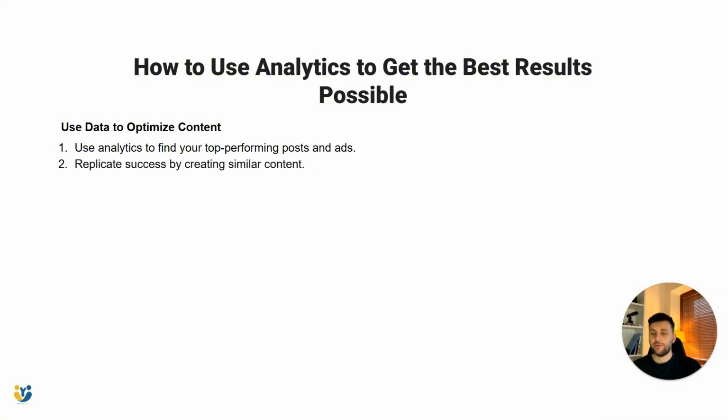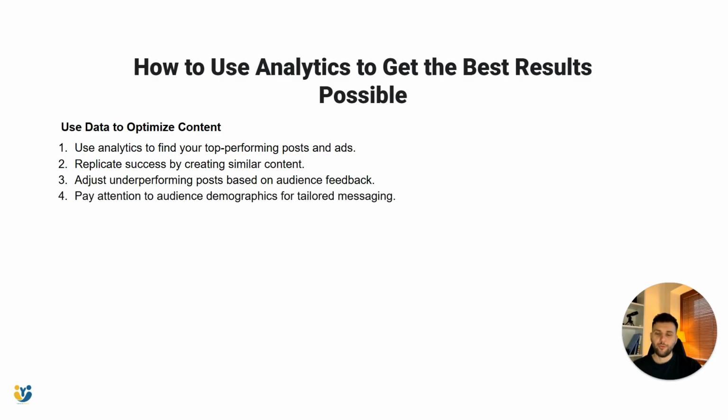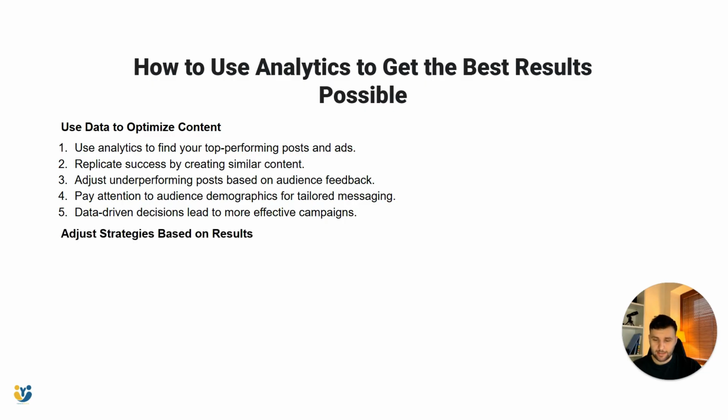Also, make sure you replicate success by creating similar content, right? Just underperforming posts based on the feedback of your audience. Also, make sure that you pay attention to audience demographics so that the messaging resonates with them. And last but not least, data driven decisions lead to more effective campaigns.